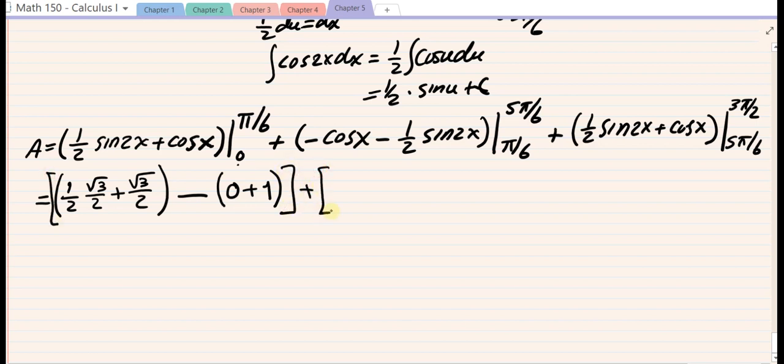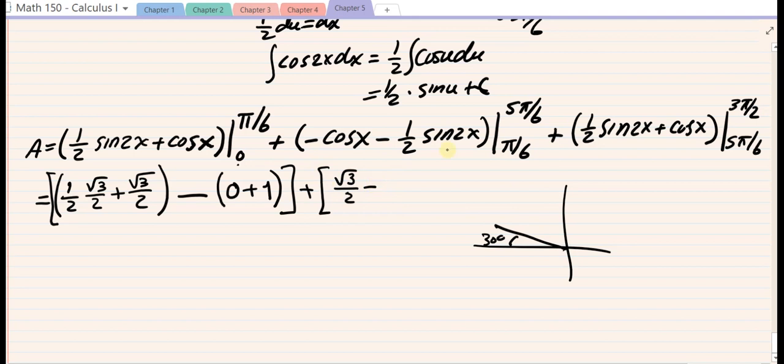Plus the integral. 5 pi over 6, and that's 150 degrees, right? Right in here. Reference angle is 30 degrees. Negative cosine. Cosine in the second quadrant is negative. So cosine of 5 pi over 6 is going to be negative root 3 over 2, and with the negative in front, that's just root 3 over 2.